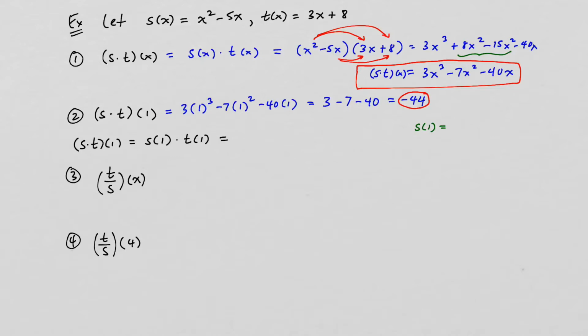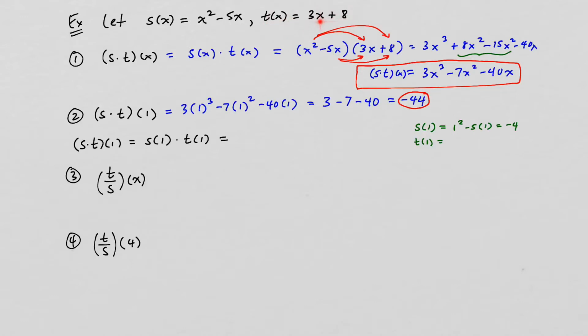S of 1 would be taking s of x and plugging x equals 1 into that function. If we do that, we get 1 squared minus 5 times 1, and that is negative 4. And t of 1 is very similar. To do t of 1, we plug x equals 1 into the t function.